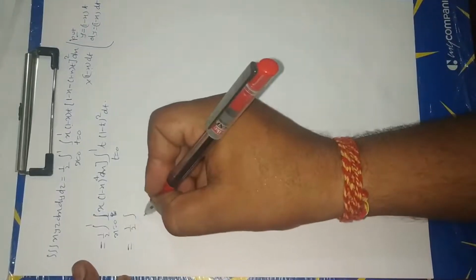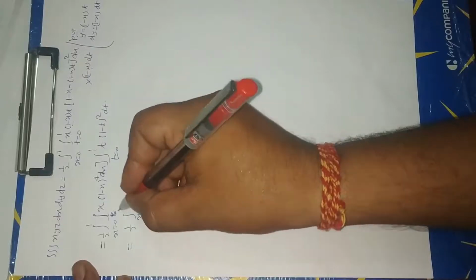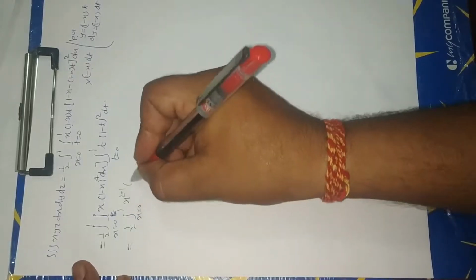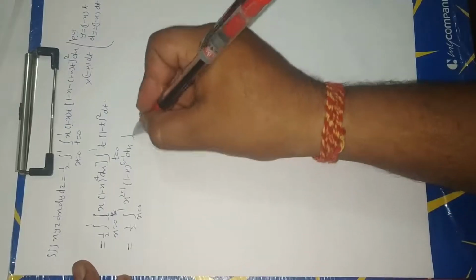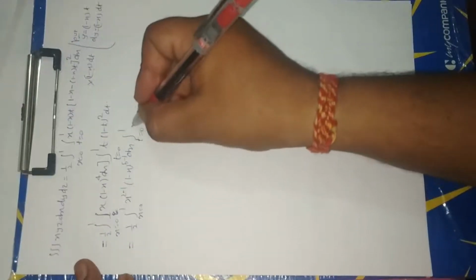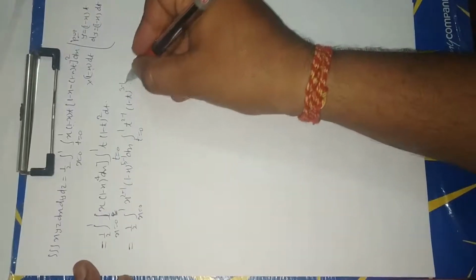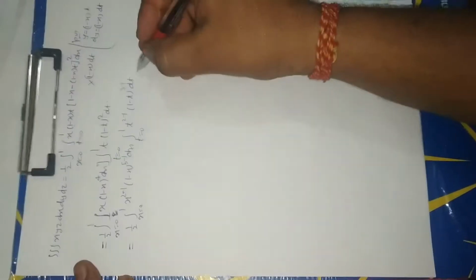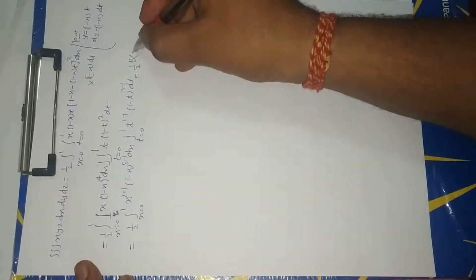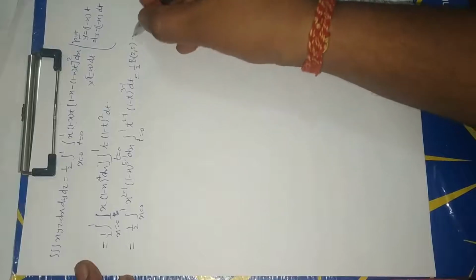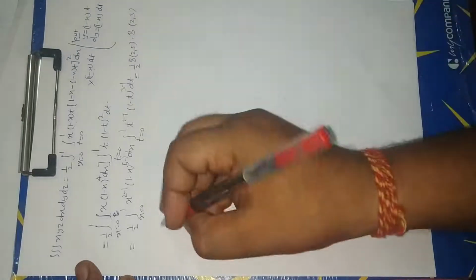This is equal to 1 upon 2, limit of x 0 to 1, x to the power 2 minus 1, 1 minus x whole power 5 minus 1 dx. t is equal to 0 to 1, t to the power 2 minus 1, 1 minus t whole power 3 minus 1 dt. This is equal to 1 upon 2, the value of beta 2 comma 5 into beta 2 comma 3.